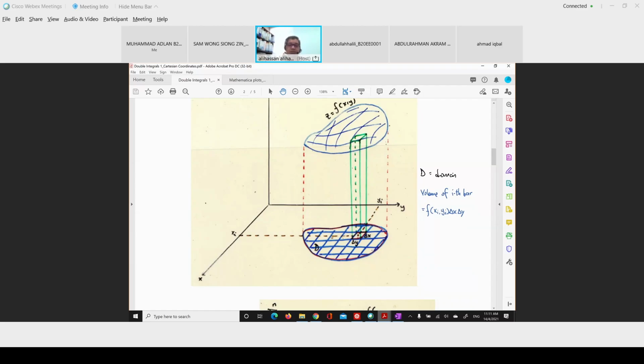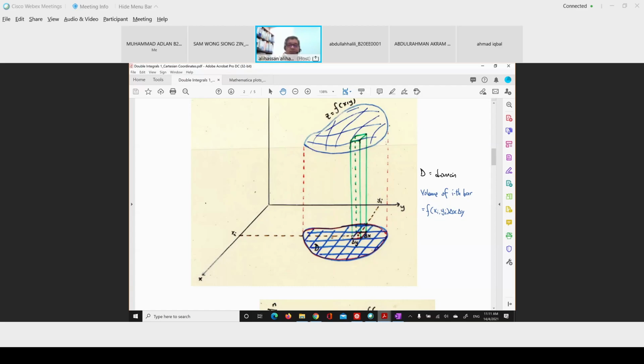Let's focus on this sub-rectangle. Let's call it the ith rectangle. Suppose there are many points in this ith rectangle, and suppose the rectangles have uniform width and length, delta x and delta y, as shown here.